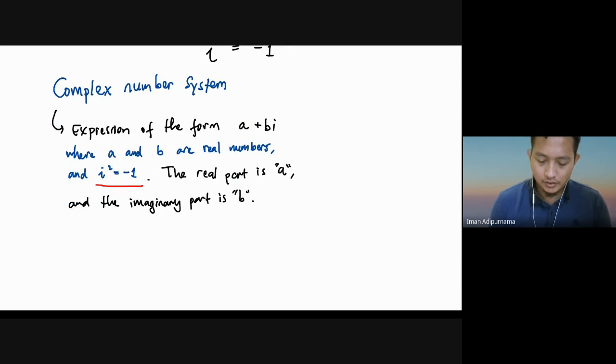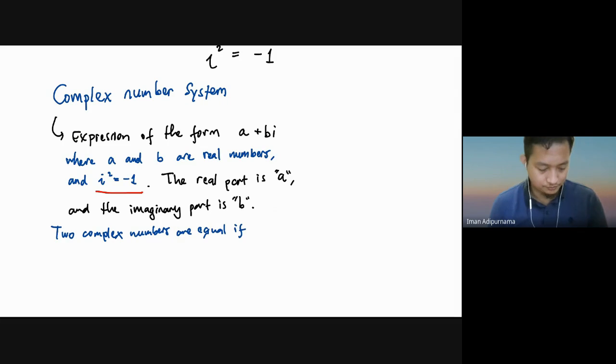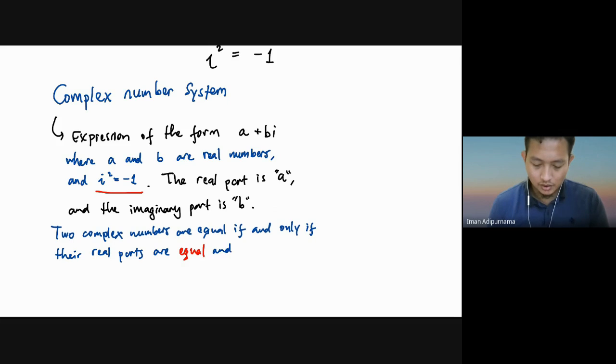We can also compare two complex numbers: we say they are equal if and only if their real parts are equal and their imaginary parts are equal.